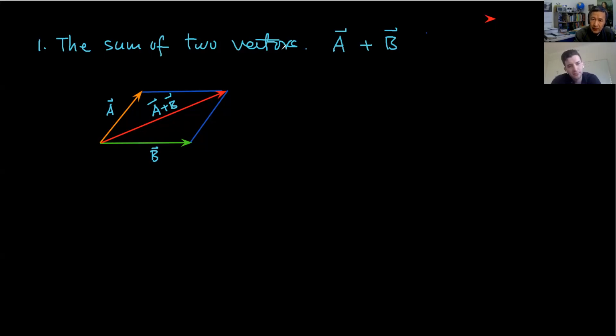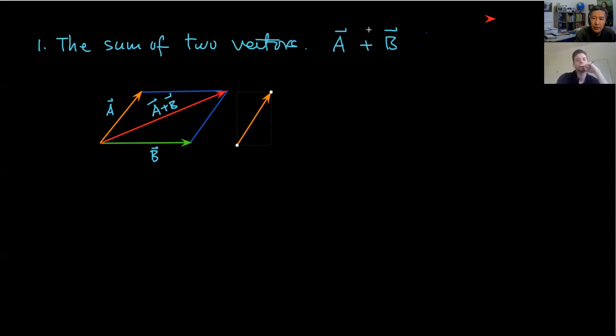The variation of this sum rule is this. Let me redo that. This time I draw the first vector first. Okay, this is the first vector.